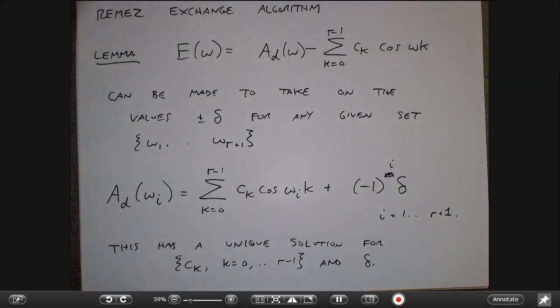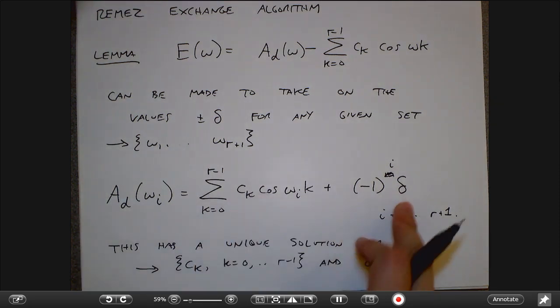The way I think about this is that these are the r plus 1 givens, and these are the r plus 1 unknowns. So with r plus 1 equations and r plus 1 unknowns, I can solve that system uniquely and find the c_k's and the delta that make this work.